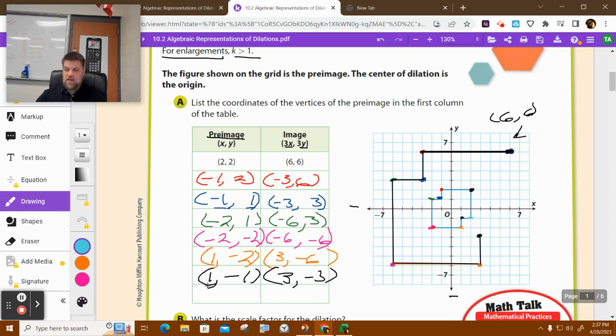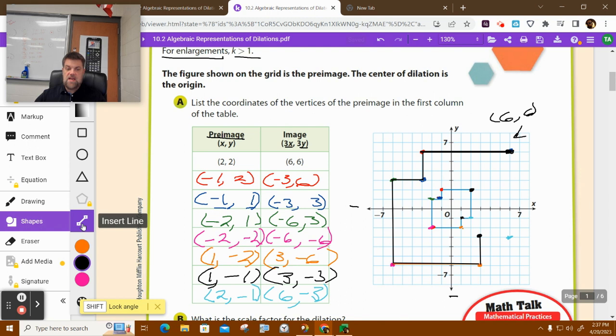What's this point right here? +2, comma what? -1. What's 2 times 3? What's -1 times 3? Okay, good. So then I'm going to go over 6 and go down 1, 2, 3. That's that point there. Connect the dots.